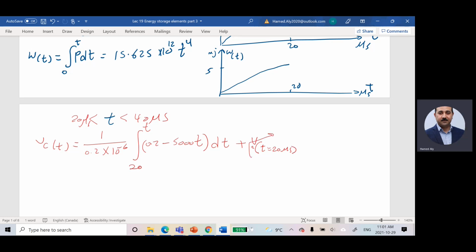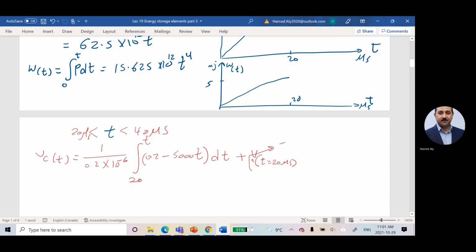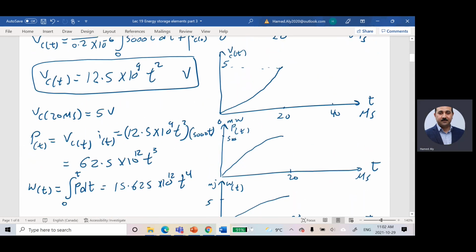In our case, this guy, I think it is equal to 5. Here t, for this guy, is equal to this time, 20 microsecond.